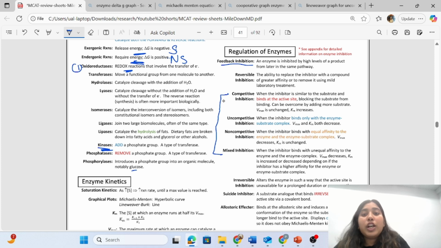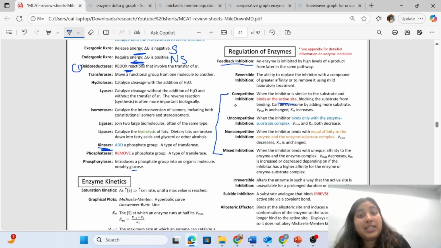Okay. Competitive inhibition is just where the inhibitor would fight with the substrate to bind to the active site of the enzyme and block it, basically. Okay, so here the major part you have to know is competitive inhibition.